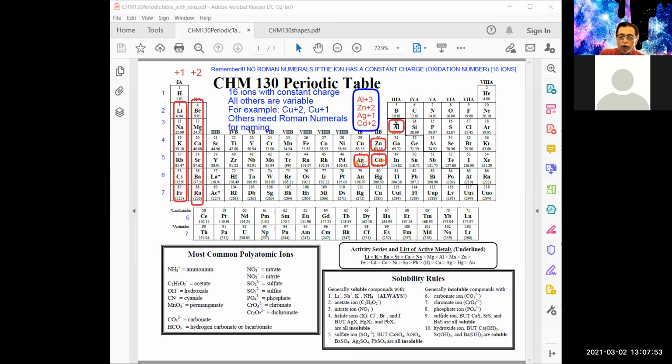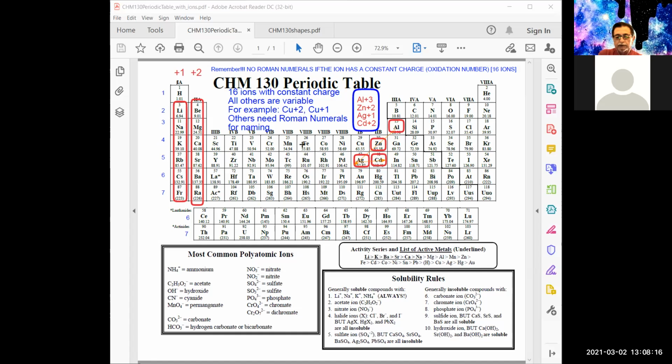That means that all the rest of the metals have a variable oxidation number, and they can vary from +1 to +9, depending on the reaction conditions. So we cannot unequivocally say that copper will always have a +2.